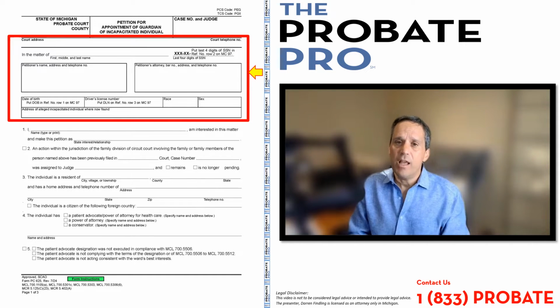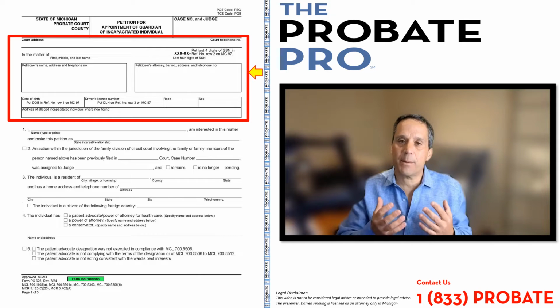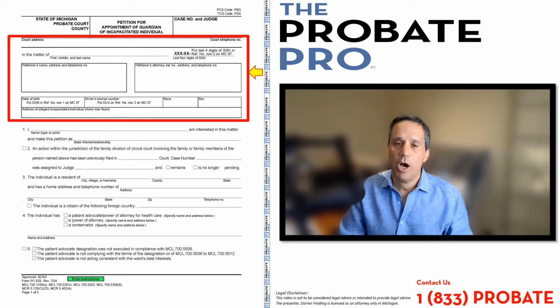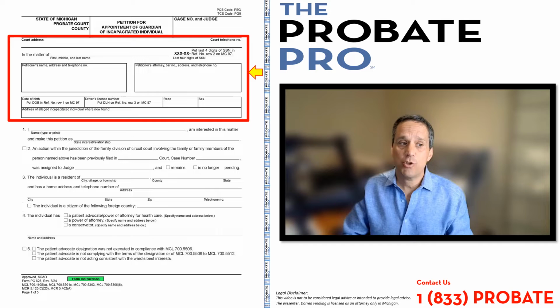So you have to attach to this form the MC 97 form to identify the last four digits of the Social Security number. The petitioner's name is the name of the person who is completing this form, who's seeking the appointment of a guardian over the individual. It could be anybody interested in the well-being of that individual. And if there's an attorney, the attorney's information is identified to the right. In addition, there's a date of birth section, again, that is not on this form.